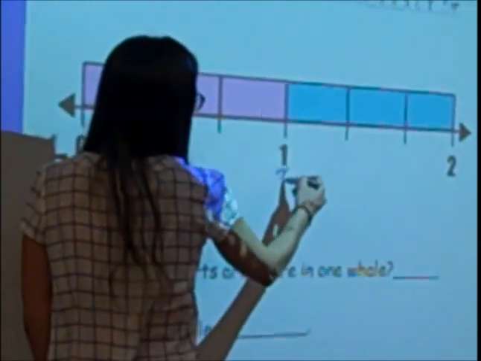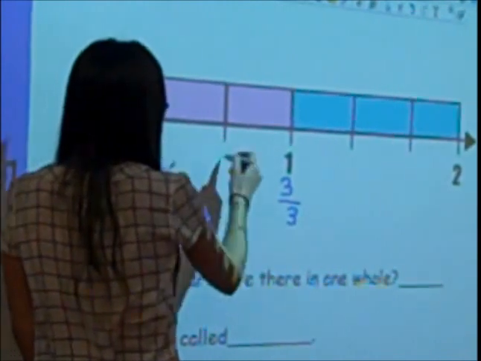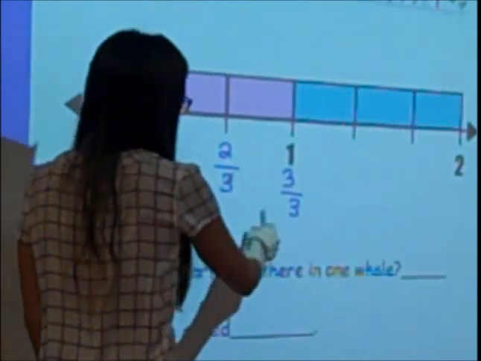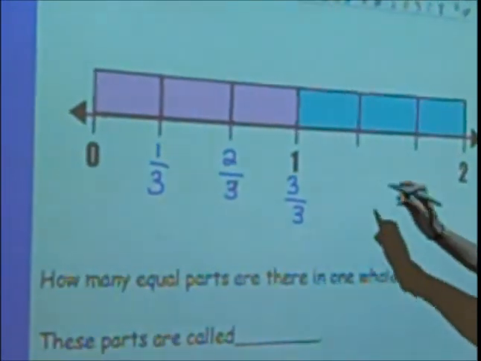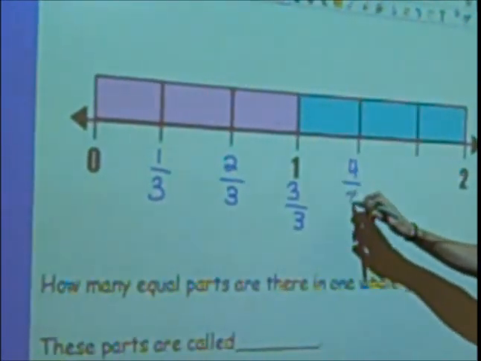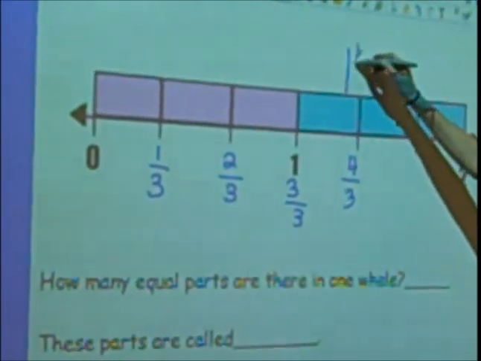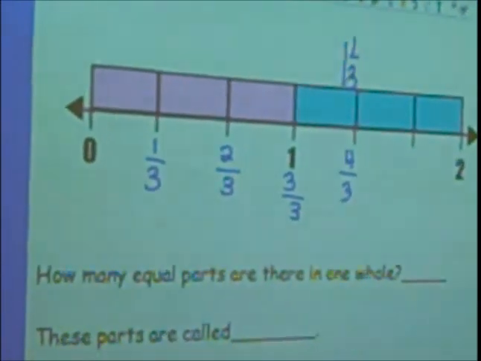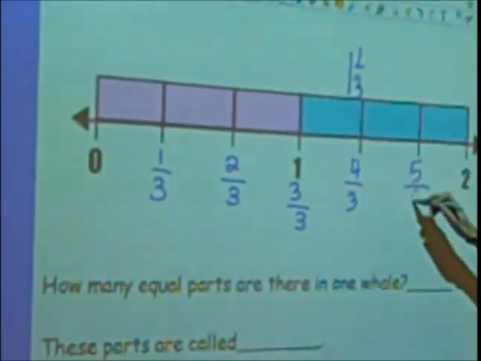So I know 1 whole is the same as 3/3. So then I can easily number my parts. And then continuing on, my friends did a really nice job today of being able to write improper fractions, and then being able to write mixed numbers. And to know that those are equivalent is huge.